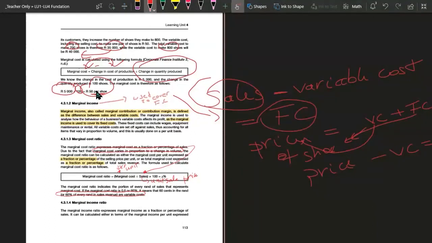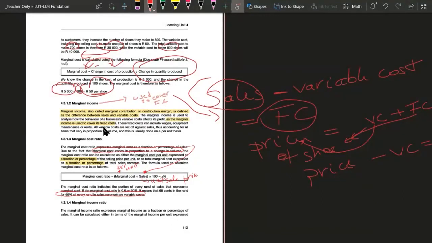Guys, remember your economics. Marginal means just one more. What is the cost of producing one more? I hope none of you is struggling with this notion, right? So obviously, if we have the marginal cost, we can take the selling price. Let's say the selling price is 150.